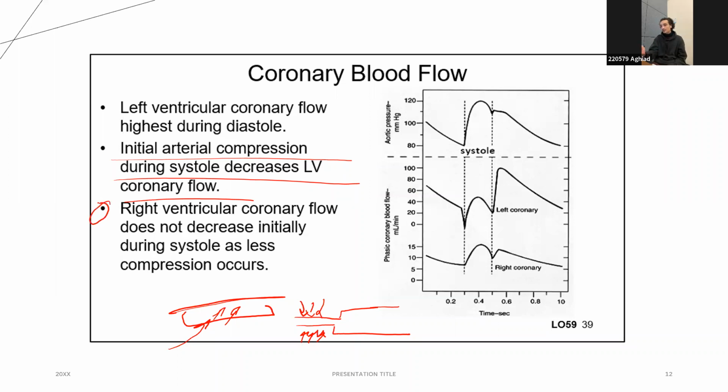Now it says here that the right ventricular coronary flow does not decrease initially during systole as less compression occurs. So the right side is quote unquote weaker. It doesn't have to distribute blood to the whole body, it's only for the lungs. So its effect isn't that severe in comparison to the left side of the heart. As you can see here, this is systole, and there's the left coronary, right coronary.